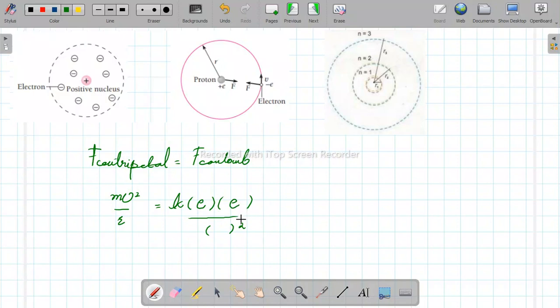It is e. Since we are to write the magnitude here, तो फिर हमने उस negative को ignore किया, because इन दोनों का charge का magnitude is exactly equal. The only difference is in the nature of charge, right?